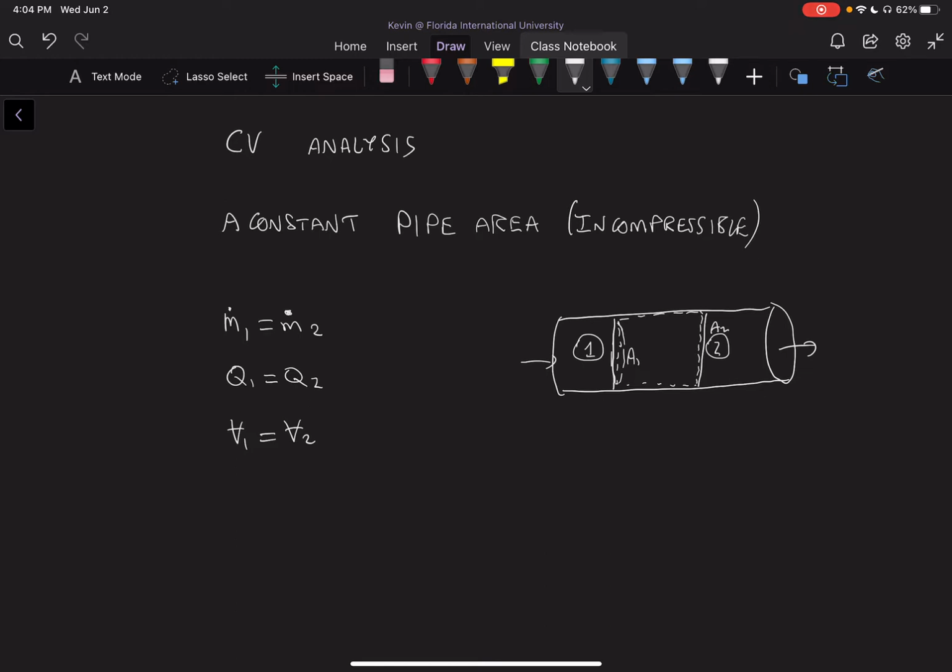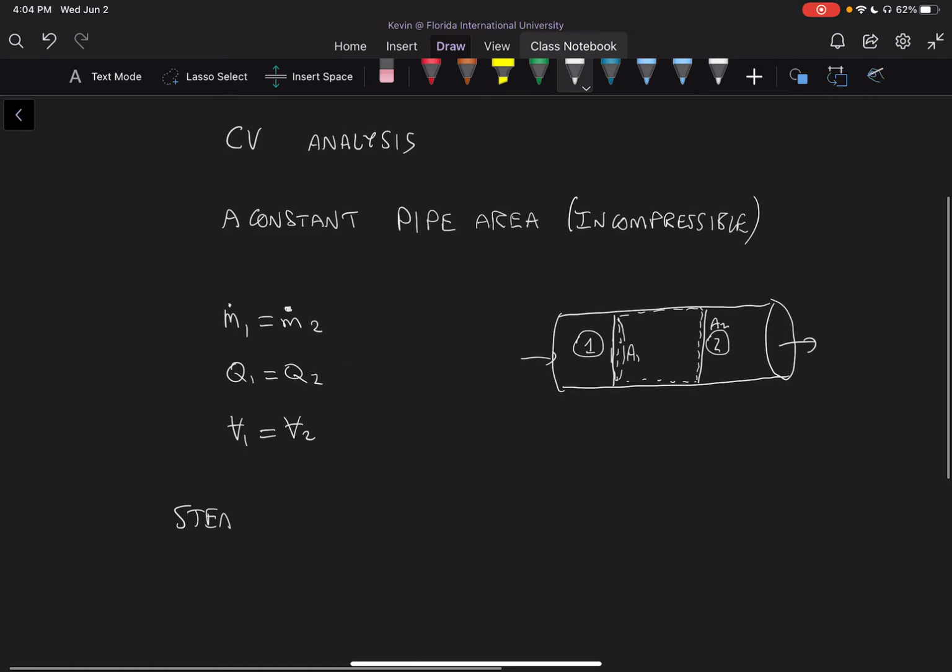Now, the one thing we have to look at is, let's take this in terms of our energy equation. So let's look at a steady flow analysis, and let's look at the energy equation for this steady flow.